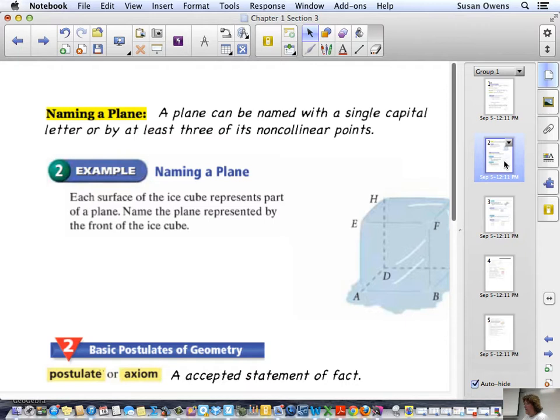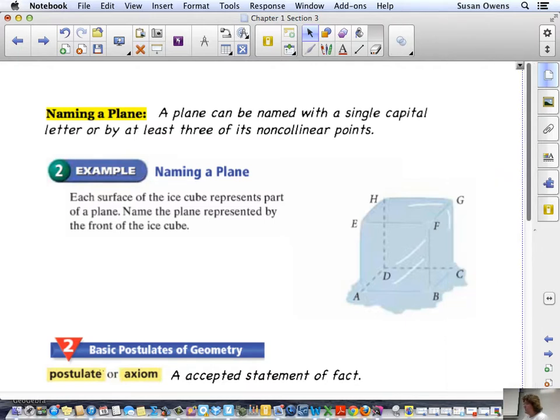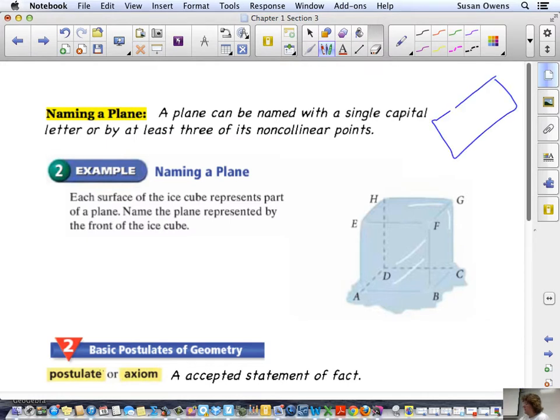Naming a plane. A plane can be named with a single capital letter or by at least 3 of its non-collinear points. If I draw another plane, and I draw a line on it, and then put 3 points on this line and call them A, B, and C, the problem with naming this plane ABC is there are actually infinite planes that go through that line.